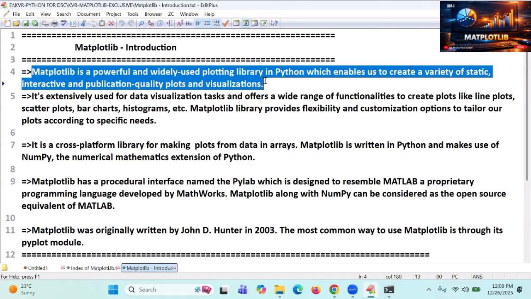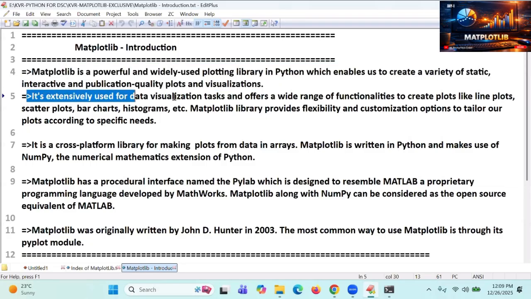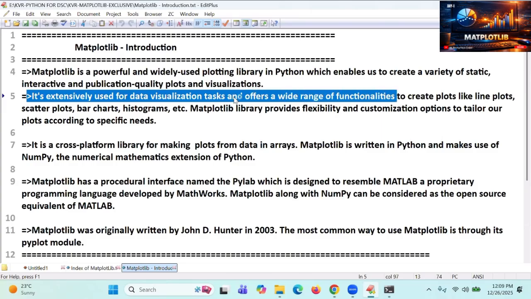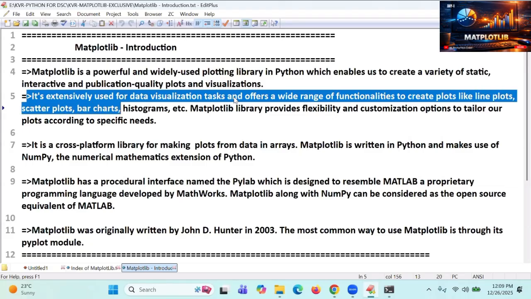You take marketing sector, financial sector, colleges, how the placements are shown by them. They are all shown in the bar graph or not? Yes. So it is extensively used for data visualization tasks, and offers a wide range of functionalities to create plots like line plots, scatter plots, bar charts, histograms, etc.